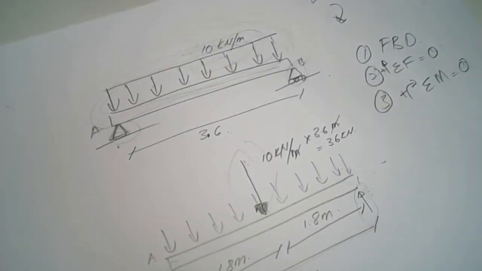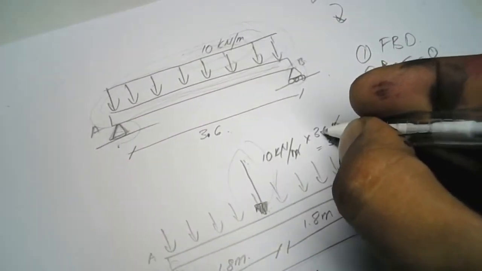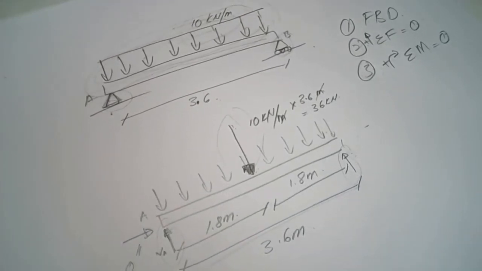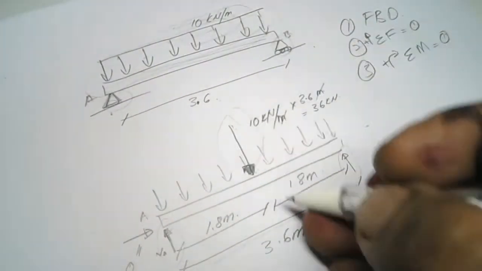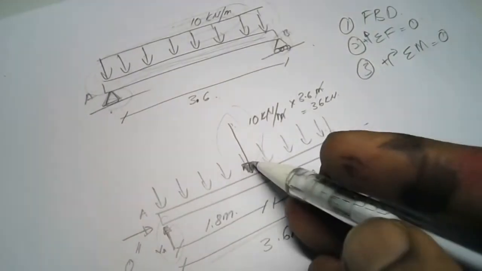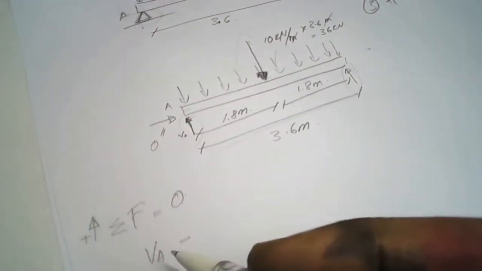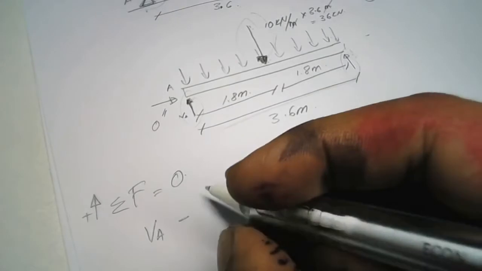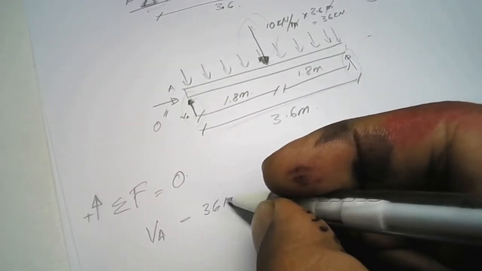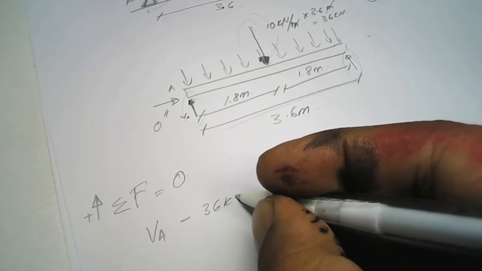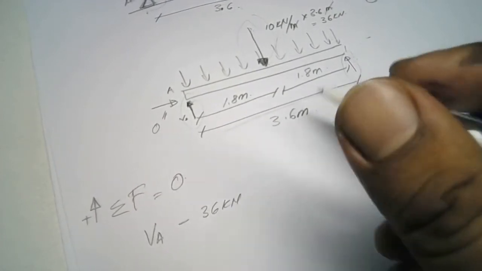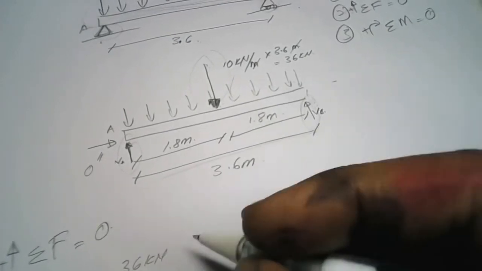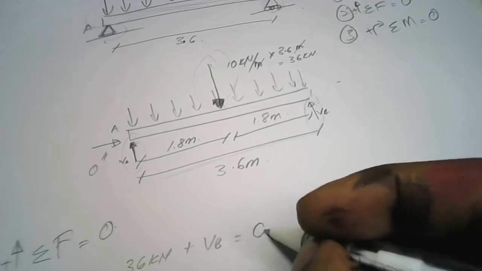This one is downward, negative, against the direction we declared. So minus 36 kilonewton plus VB equal to 0.